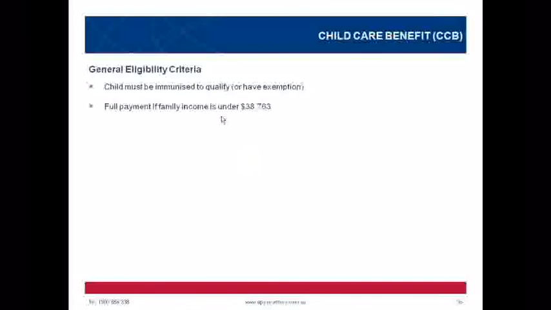You will receive the full childcare benefit payment if your family income or household income is $38,763 or less. To qualify for any childcare benefit, your family income must be under $134,443 per year if you've got one child, or $139,333 if you've got 2 children.